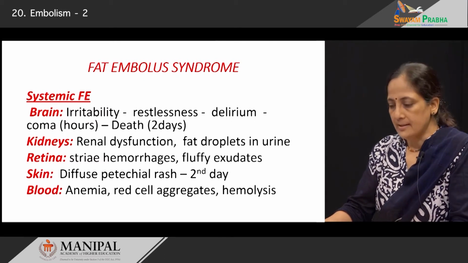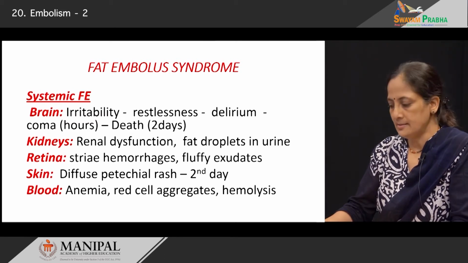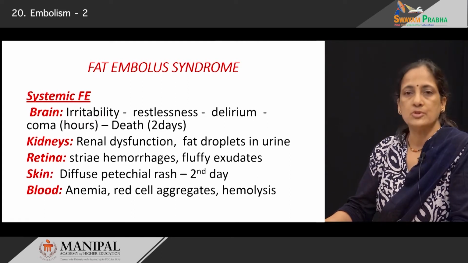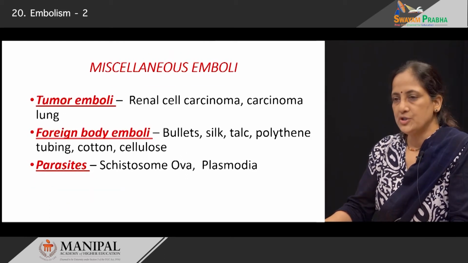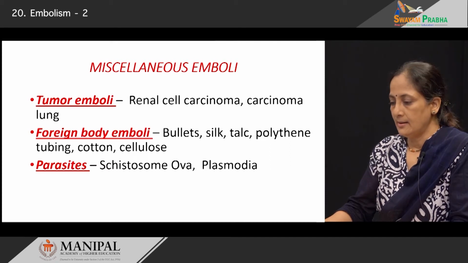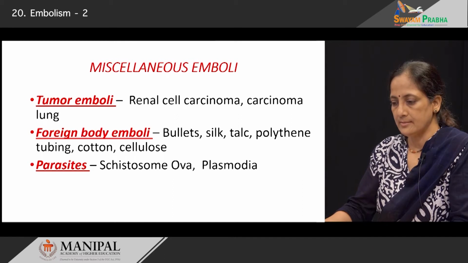As far as blood is involved, anemia is a feature seen along with red cell aggregates and a hemolytic picture with thrombocytopenia. A number of other types of emboli are described. Tumor emboli are seen quite commonly in renal cell carcinoma and carcinoma of the lung.